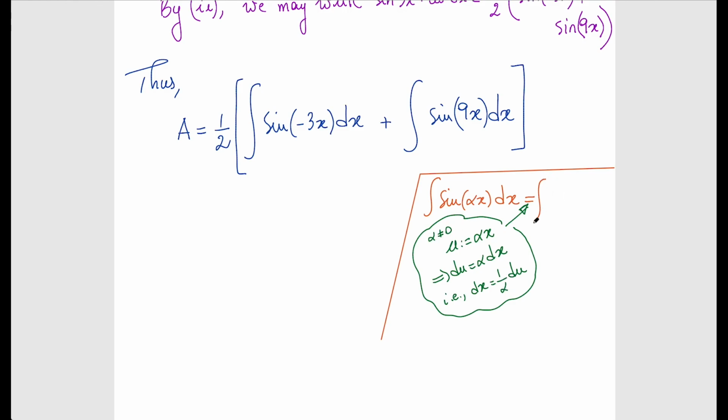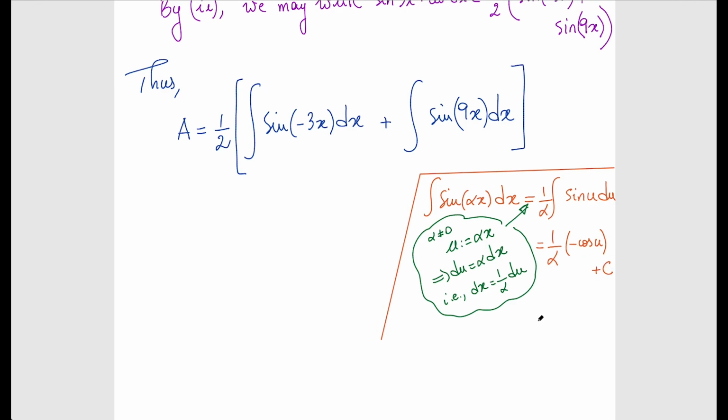And this becomes the primitive of sine of u, right? dx is 1 over alpha du. So let me make room for 1 over alpha to be pulled outside. 1 over alpha du. Correct? And this is 1 over alpha. Primitive of sine u du is negative cosine u plus a constant, right?